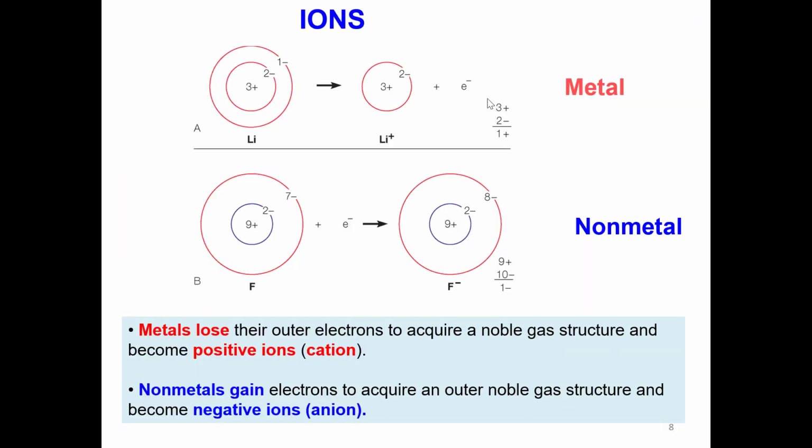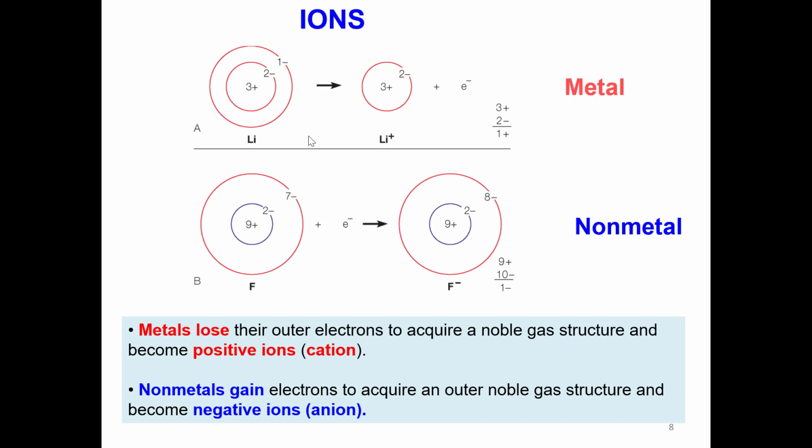And if the lithium loses 1 electron, it becomes +1, because lithium has 3 protons and 2 electrons. We can represent it like that. If there is no number, we know it's +1.